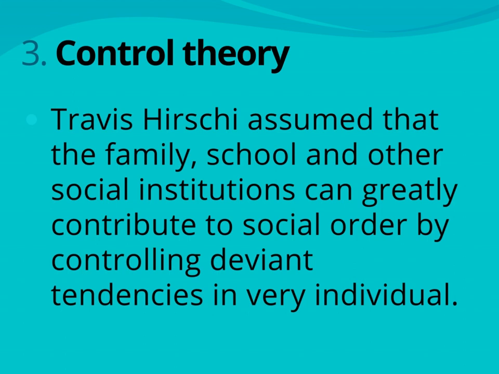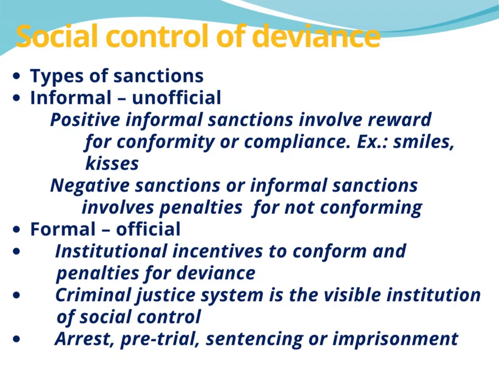And the third theory is the control theory according to Travis Hirschi. It assumes that the family, school, and other social institutions can greatly contribute to social order by controlling deviant tendencies in individuals. But how can we control deviance? There are types of sanctions, informal and formal.